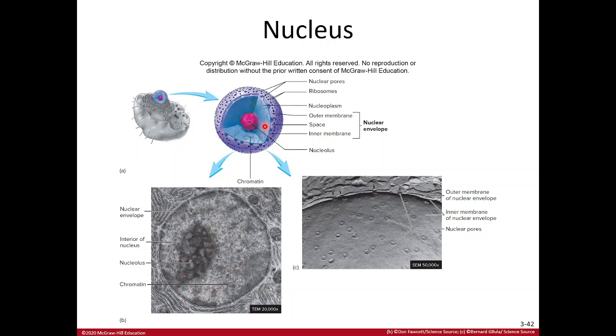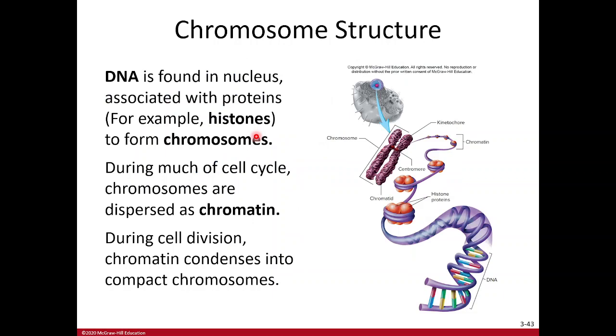And then embedded within the nucleoplasm, which is this, you have the chromosomes. The chromosomes have a particular structure. So the chromosomes are DNA that is coiled around proteins that we know as histones.